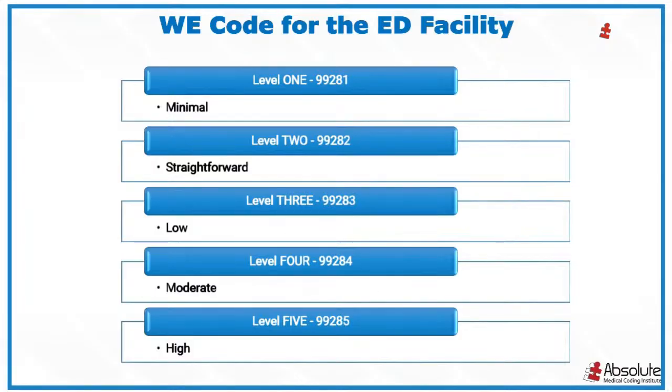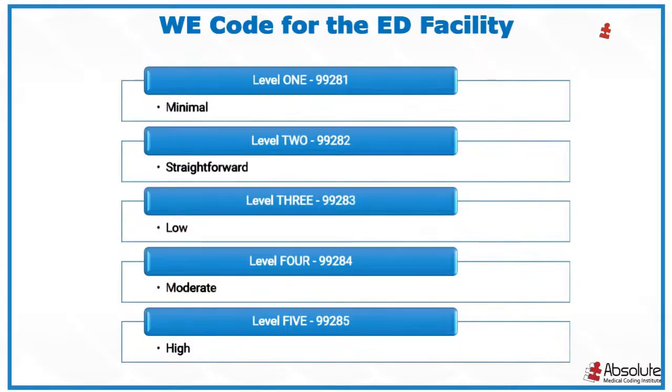Remember, when you are a professional coder, you are an outpatient coder, and some providers expect you to know ED. If you work for a facility and you're coding for outpatient facility, ED is outpatient facility, so let's go ahead and learn.